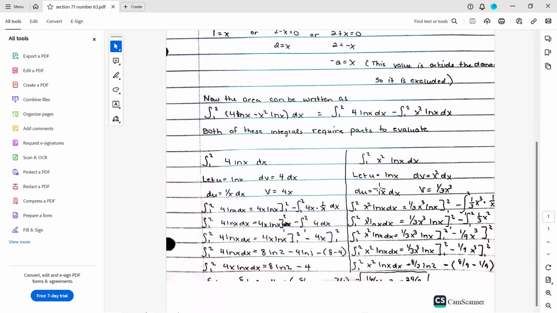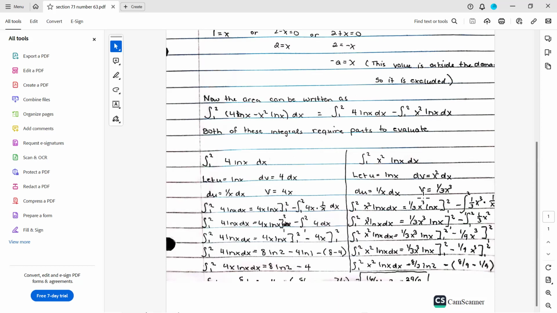V this time, I integrate x squared, is 1/3 x cubed, or x cubed over 3, whichever way you prefer. This is uv, which is ln x times 1/3 x cubed from 1 to 2. Then v du is going to be 1/3 x cubed times 1 over x dx, and it got cut off by the edge of the paper.